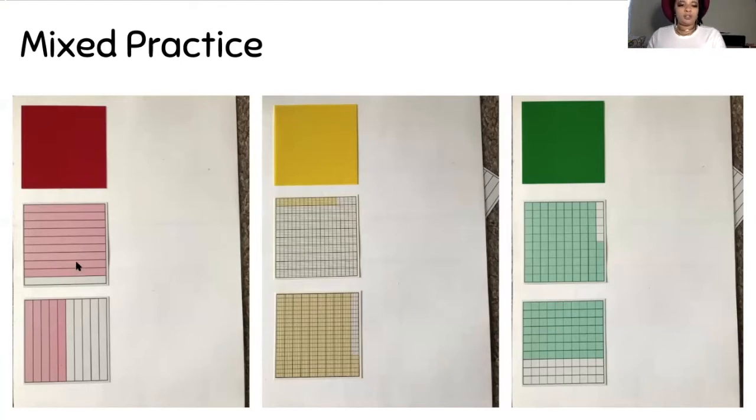And we have 1, 2, 3, 4, 5, 6, 7, 8, 9 shaded in. So as a fraction, I would write that 9 fraction bar 10 or 9 tenths. And as a decimal, I would write that 0 and 9.